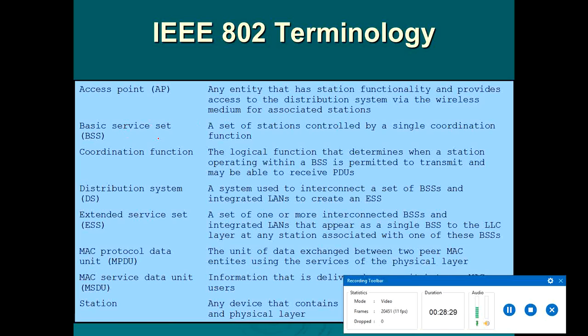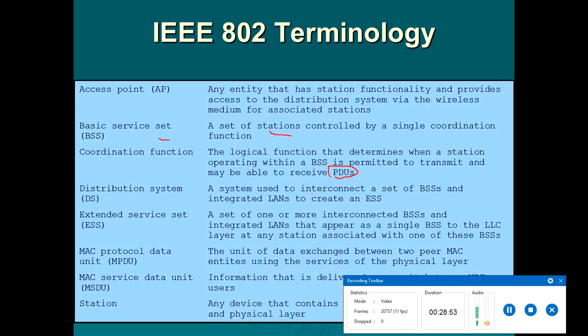Basic service set: a set of stations controlled by a single coordination function. The coordination function is the logical function that determines when a station operating within a basic service set is permitted to transmit and to receive packet data units, which is PDU.